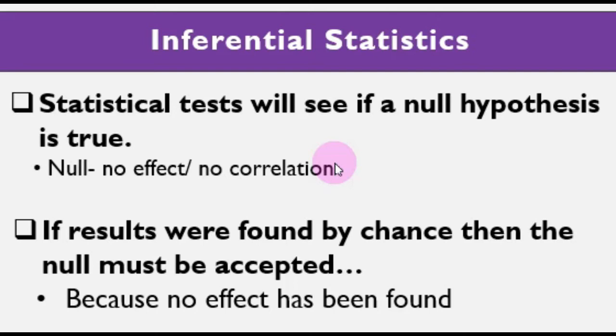If results were found by chance, then the null must be accepted. Okay? So, ibig sabihin, kung nagkataon lang kaya naging ganon ang result in using statistical treatment, i-accept natin si null hypothesis. Okay? Ibig sabihin, there's no relationship. Okay? If that is correlational.